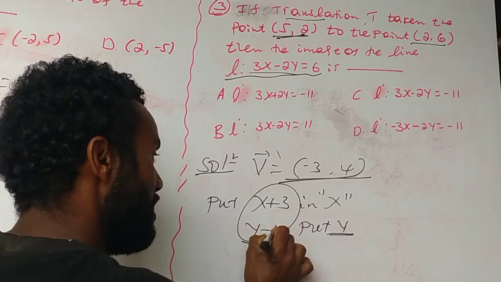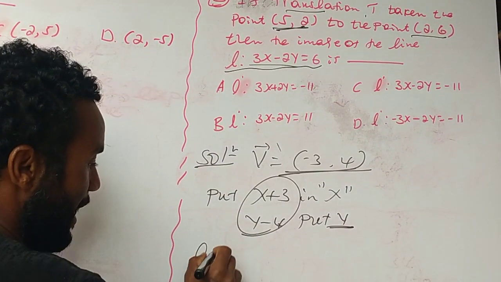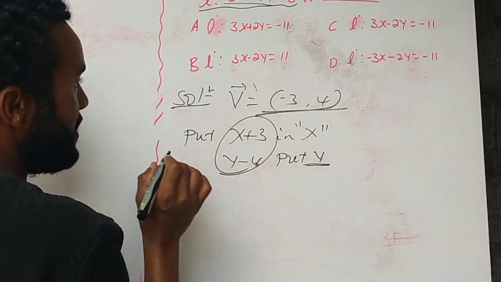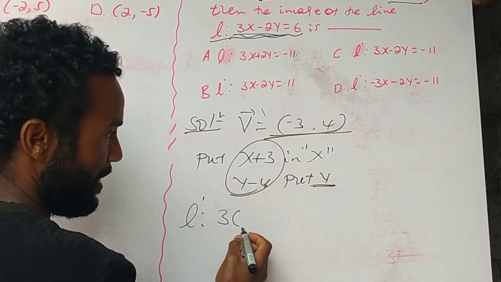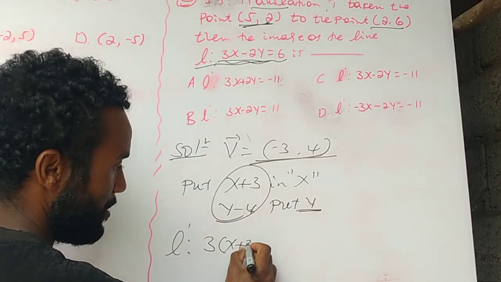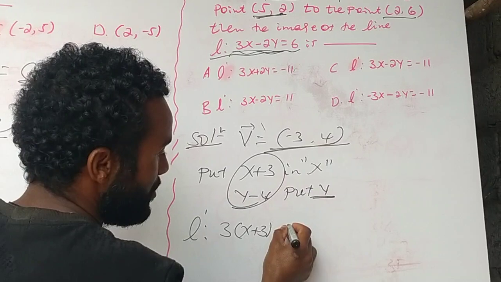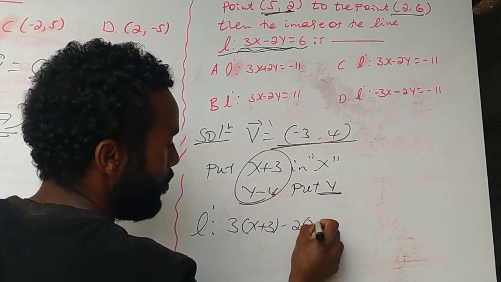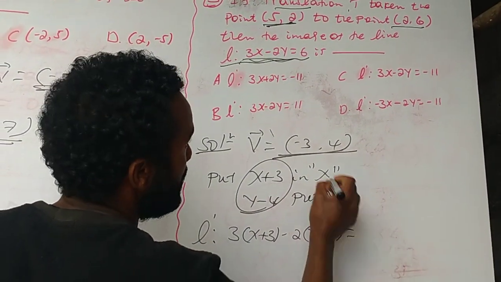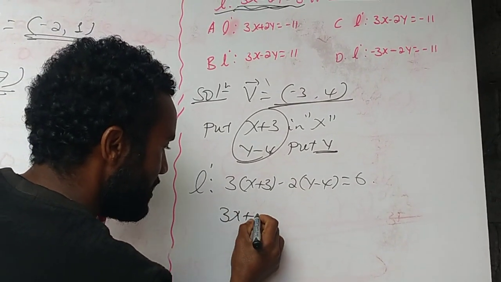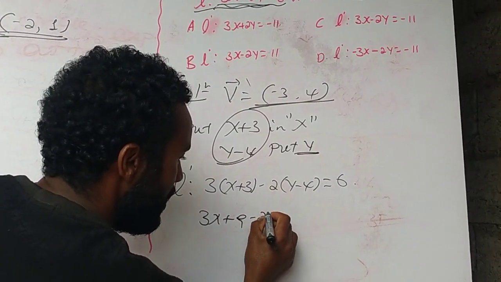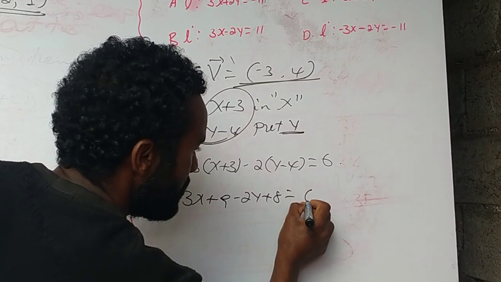They're very easy now. Now L prime, the image of this one: 3 times (x plus 3) minus twice (y minus 4) is equal to 6. Now 3x plus 9 minus 2y plus 8 is equal to 6.